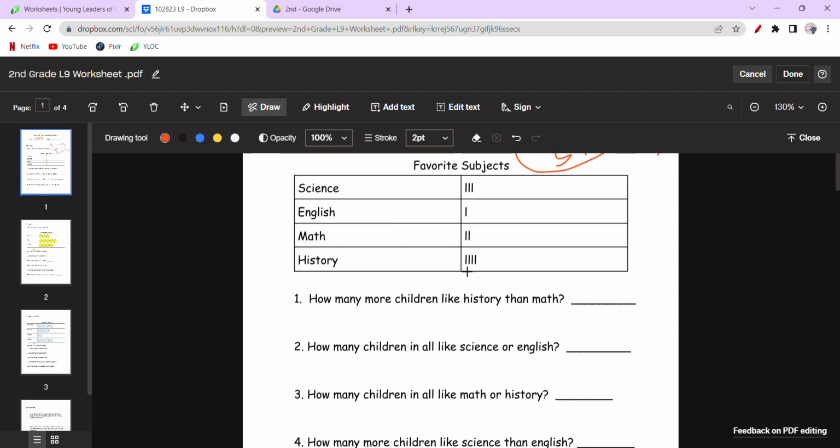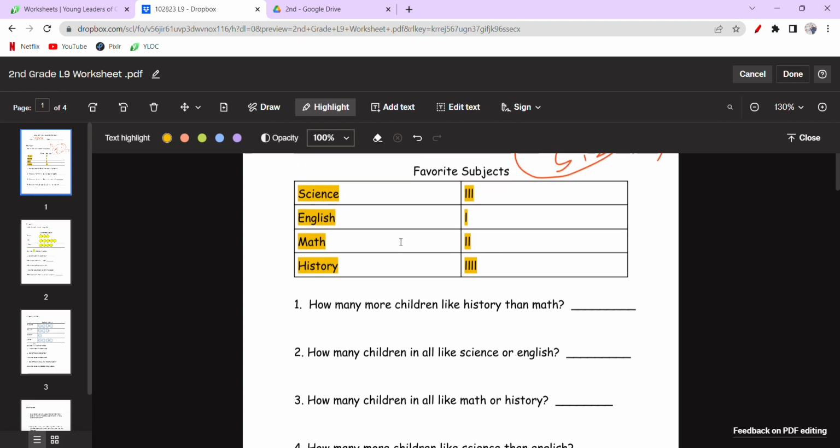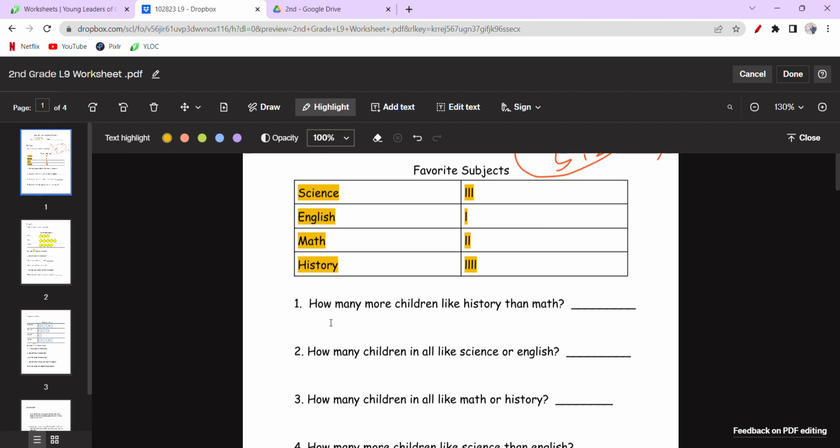Okay, so if we look here, we have a favorite subject. There is science, English, math, and history. And these are how much each subject has, whose favorite subject it is. So number 1 asks, how many more children like history than math? If they ask how many more, they want you to subtract.